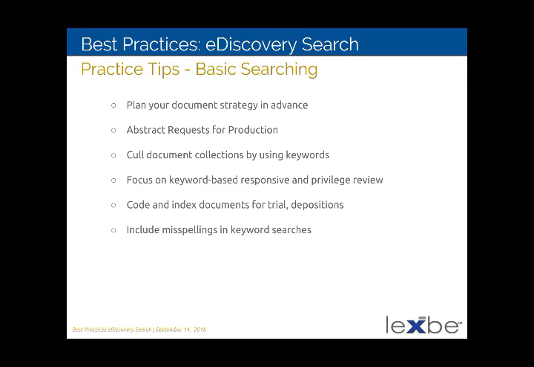So we're going to talk about some practice tips as an overview here before we wrap up. We talked about planning your document strategy in advance. That goes into understanding what documents have been produced, who produced them, where did they come from, what do they have to do with, have I talked to that custodian? You're going to want to write out your request for production.